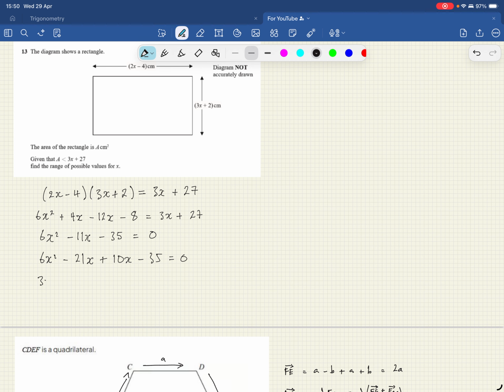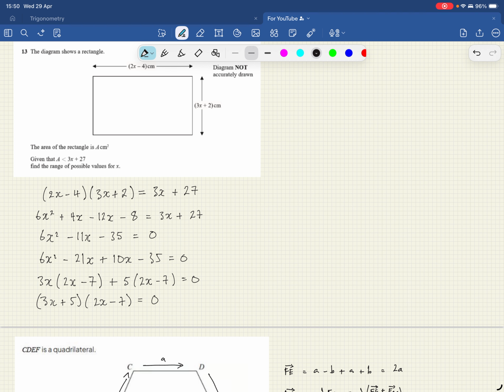So 3x, that gives me then 2x minus 7. And then when I take the factor of 5, which is the greatest I can, I should also have 2x minus 7, and I do, equals 0, which gives me 3x plus 5 times 2x minus 7 equals 0.